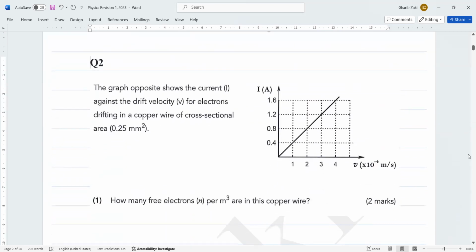Now, next question. Look at this, please. The graph opposite shows the current I against the drift velocity V for electrons drifting in a copper wire of cross-section area 0.25 millimeter square. Think of the question, please.